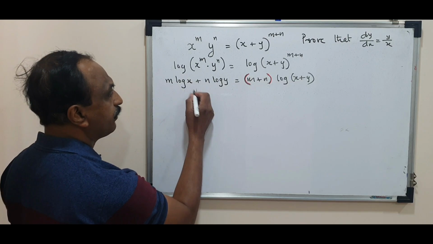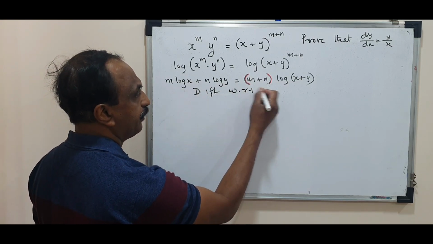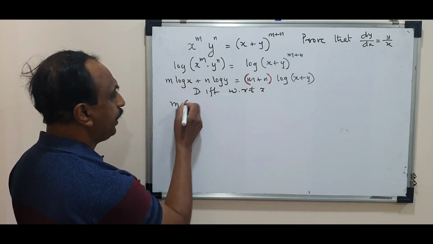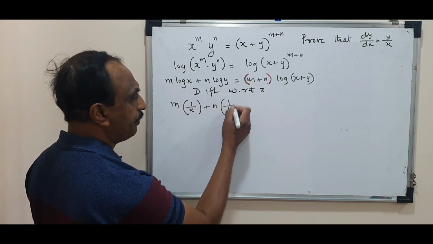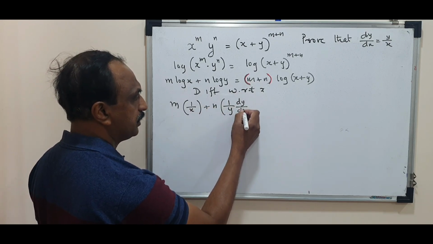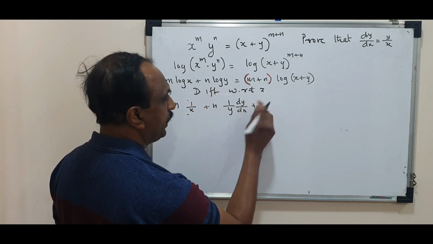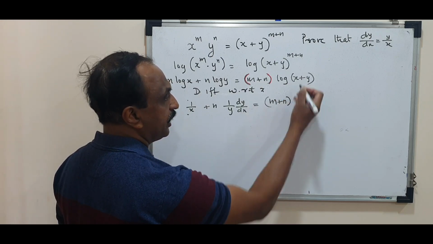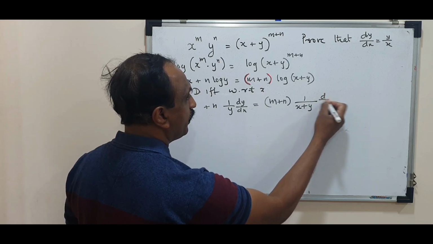So differentiating with respect to x, your answer will be m into derivative of log x, n into derivative of log y, 1 by y dy by dx. There is no need of bracket because they are multiplying. This is equal to (m plus n) into derivative of log of (x plus y), which is 1 upon (x plus y) into derivative of (x plus y).